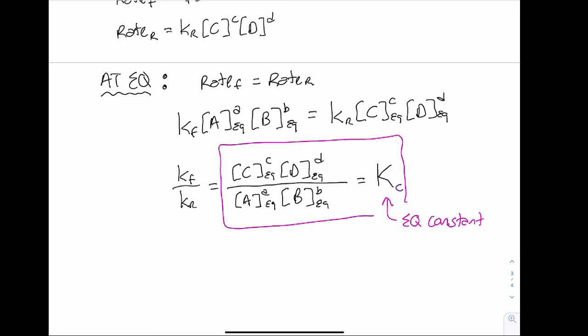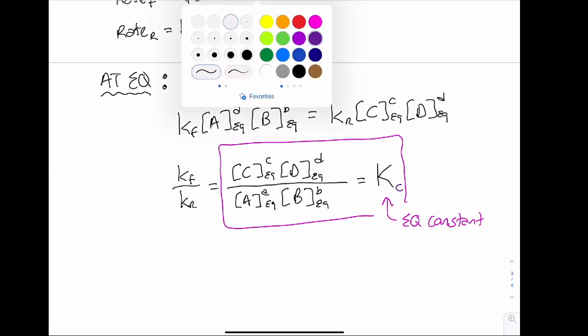And Kc is also equal to my rate constant in the forward direction divided by my rate constant in the reverse direction. So if we knew the equilibrium constant and one of my rate constants, we could calculate the other rate constant. If we knew both rate constants, we could calculate the equilibrium constant, and so on. Again, be careful not to get lowercase k's and capital K's mixed up. It is important because they are representing different things, and I have them here in the same equation.